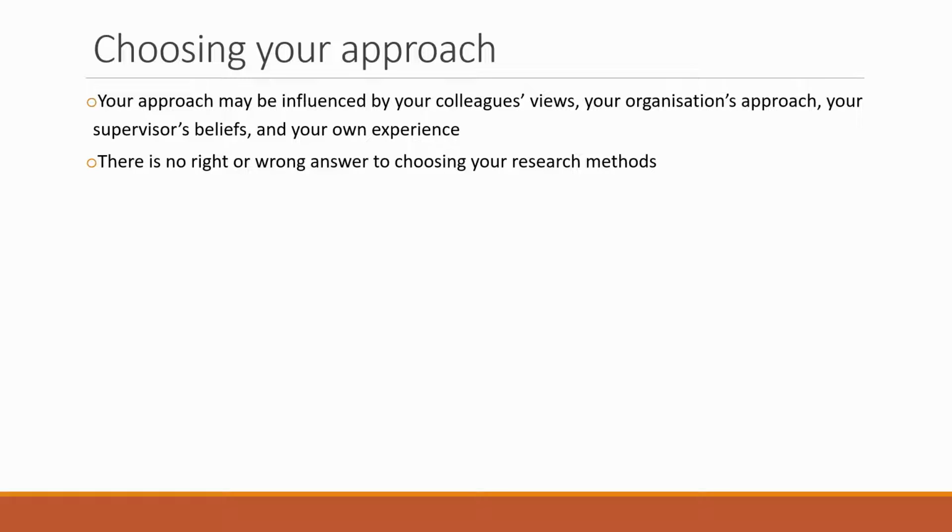There is no completely right or wrong answer to choosing your research method, because each method, as you saw in the previous slide, has a different role and different meaning. So whenever you choose one method, you have to prove your choice is correct, or at least good for now.